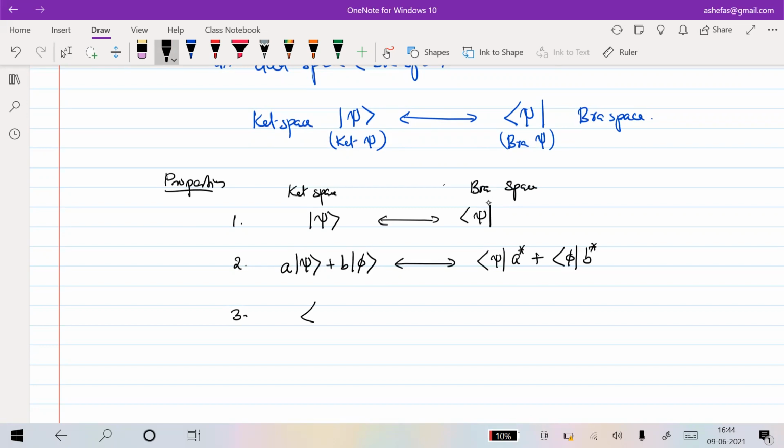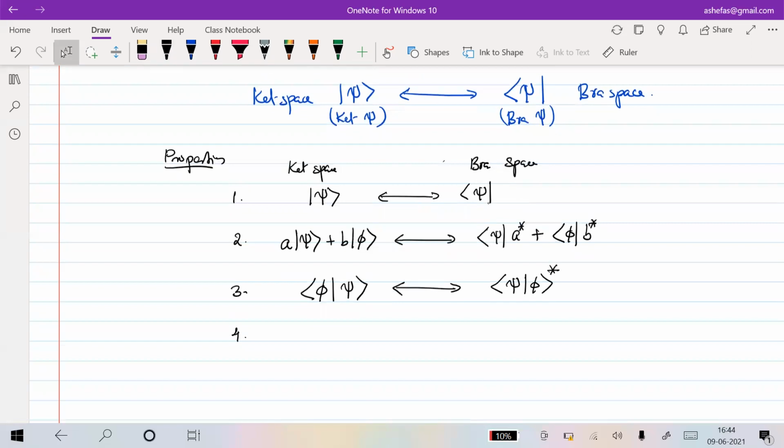In the third condition, the inner product between phi and psi, if you change the order, instead of <phi|psi>, we have to take the complex conjugate. So that is already known to us. Now <phi|a psi>, that is simply equal to a, which can be taken outside, times the inner product <phi|psi>.